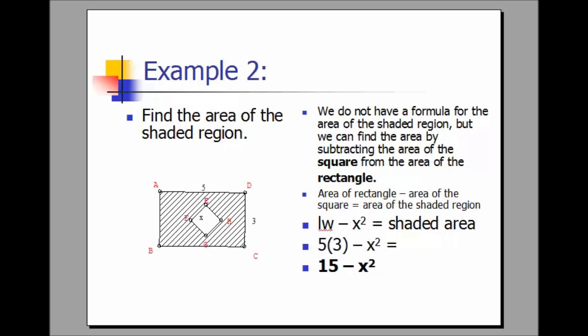In example 2, find the area of the shaded region. We don't have a formula for something that looks like the shaded region, but we notice that we have a square on the inside and a rectangle on the outside, and we can subtract the area of the square from the area of the rectangle to get the area of the shaded region.